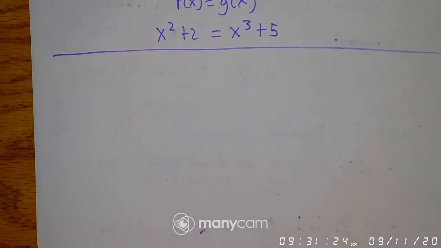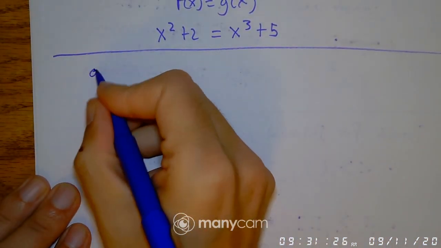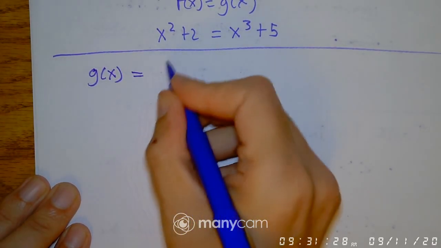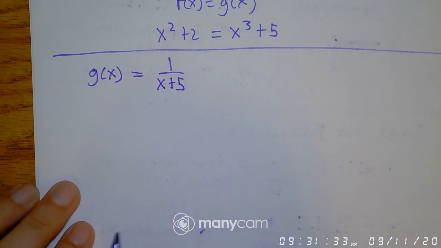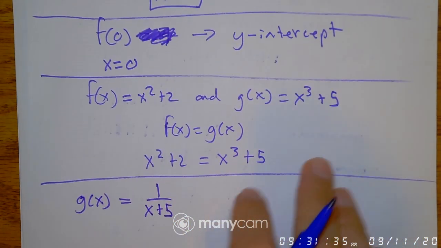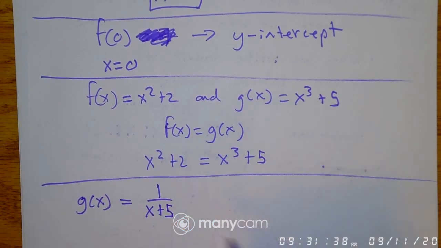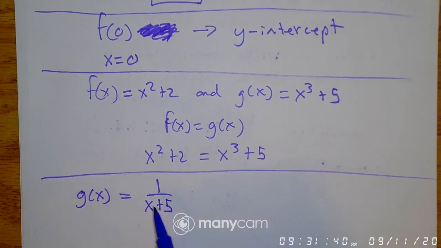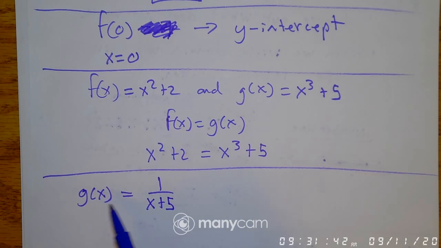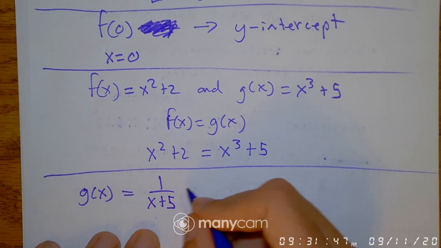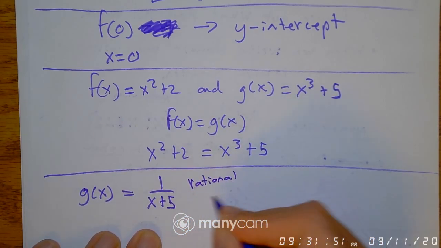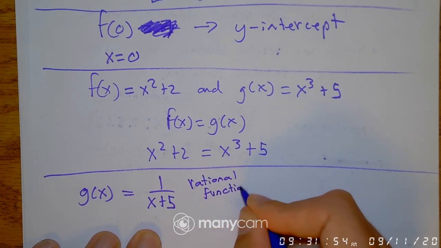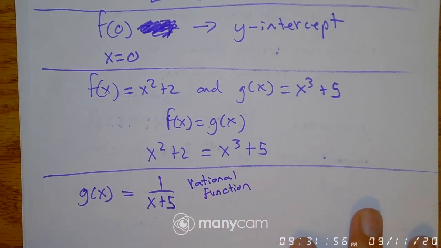Okay, so let's take a look at this. Again, I'm sorry for the Manicam icon. I'm going to get rid of it. But if we take a look at g of x equals this function, right away, when we have 1 over something, with an input on the bottom, this is a rational function. We're going to be spending next class talking about parent functions.